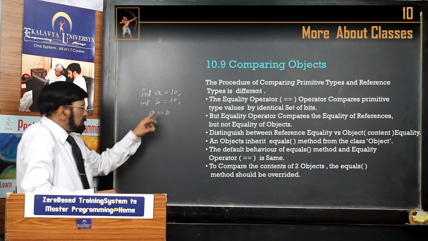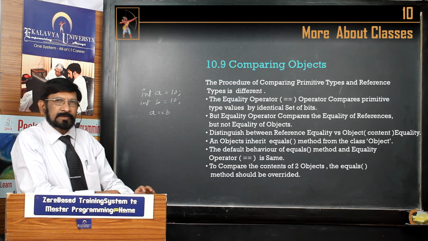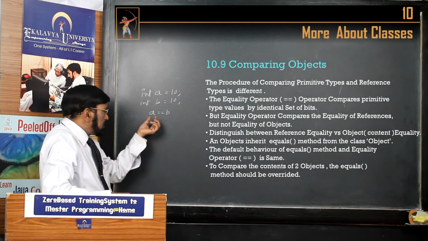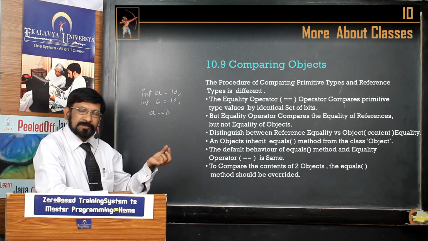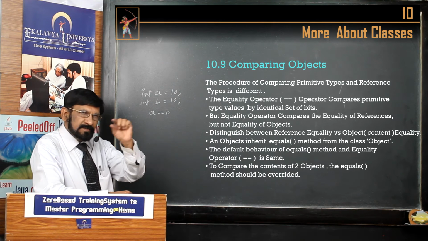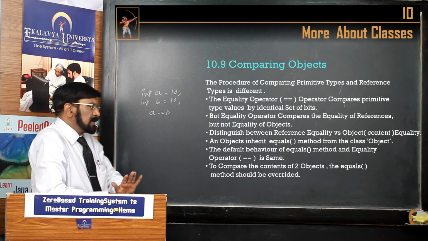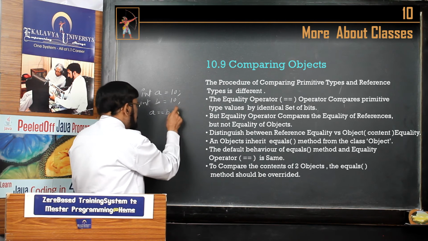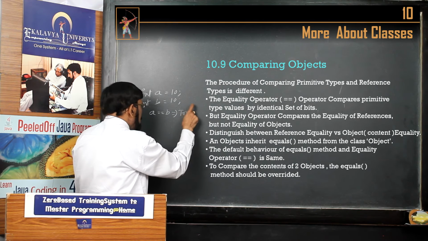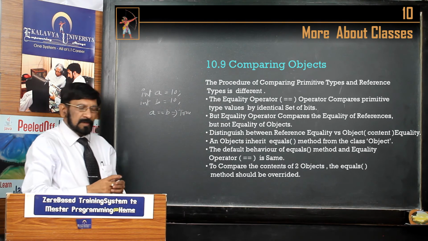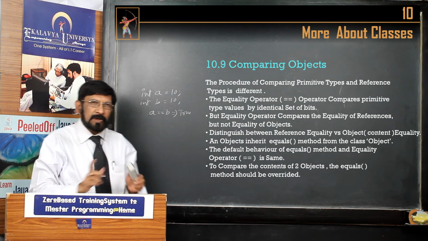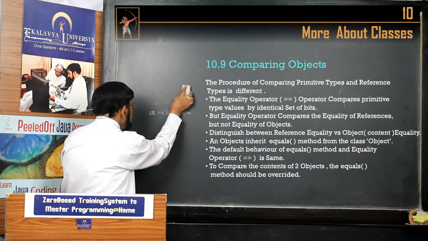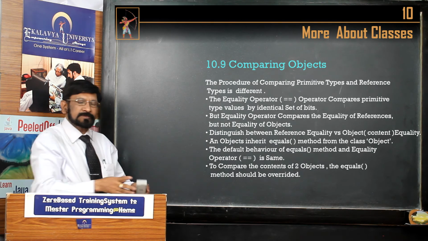In such a case, the equality operator takes the bit pattern of both operands, and if the bit pattern is exactly identical, exactly the same, then it returns true. Otherwise, it returns false. This procedure is applicable for primitive operands, primitive variables.